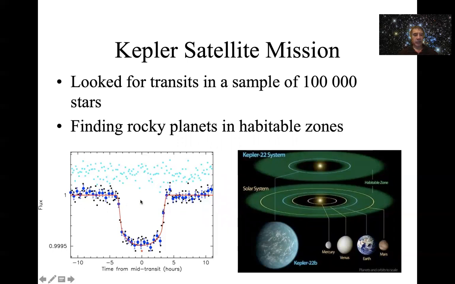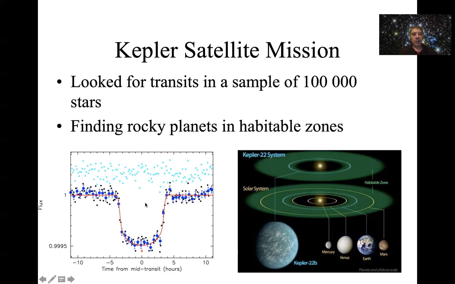You can see in this little example in the bottom left, this is a light curve from the Kepler data. You can see one of these characteristic little dips, but you can see on the scale here that the flux, the brightness of the star, has only dropped by 0.05%. This is incredibly accurate work, which you can only do from space.